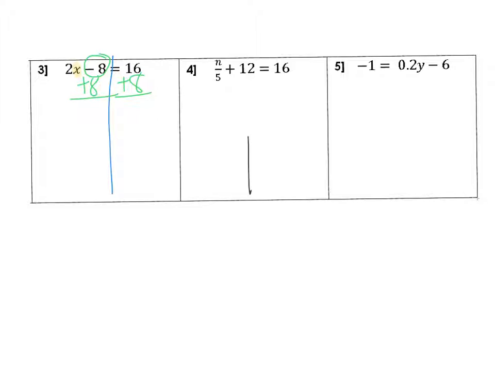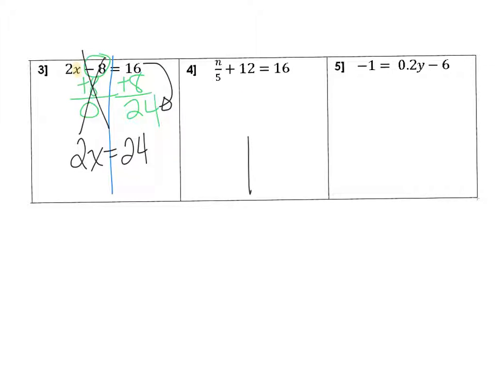So -8 plus 8 makes 0, which is what I wanted, and 16 plus 8 makes 24. So now I'm going to go ahead and stop and rewrite the equation because I've changed a lot of stuff. This is gone now, and that -16 is now a 24. So I have 2x equals 24.